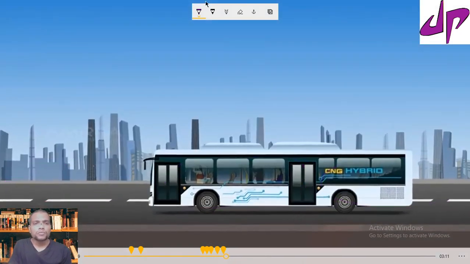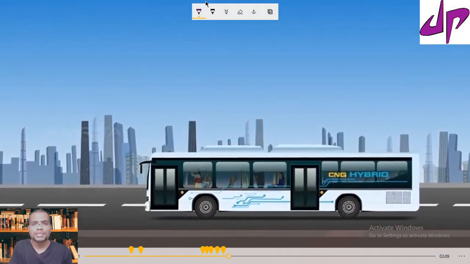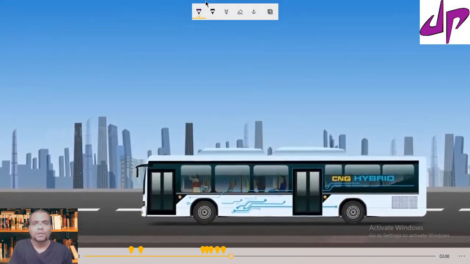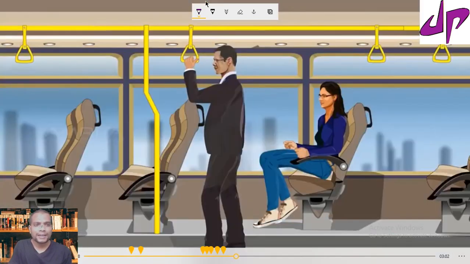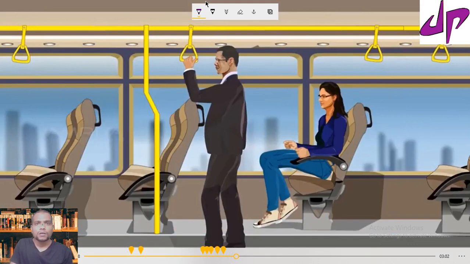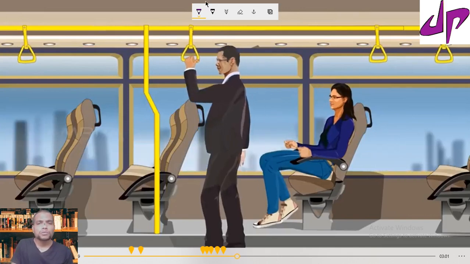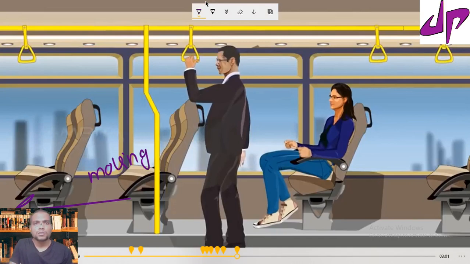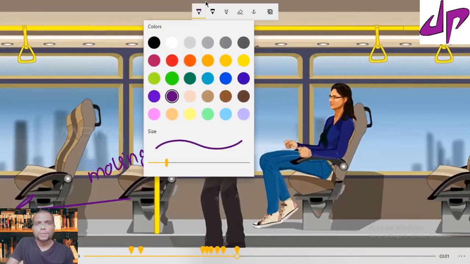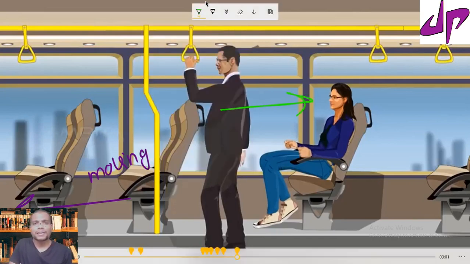Suppose you take a case where the bus is at rest. In the bus, consider a passenger who is standing. The bus is at rest, and the person is also at rest since he is standing. When the bus moves in the forward direction, usually what happens?